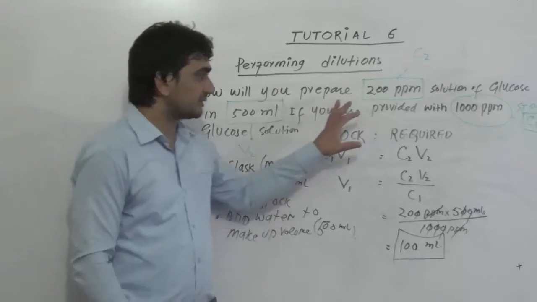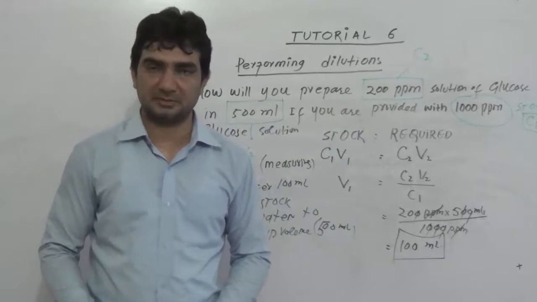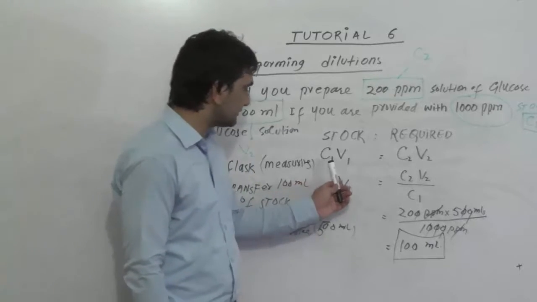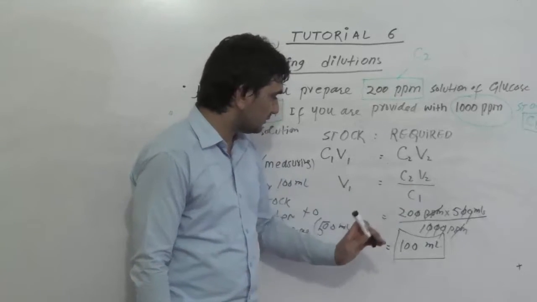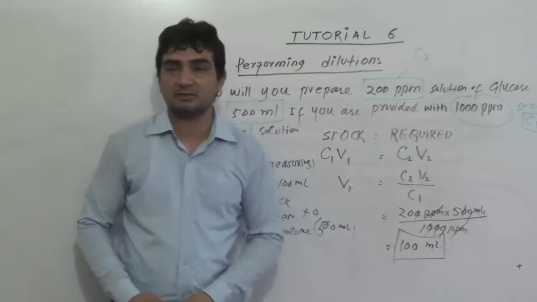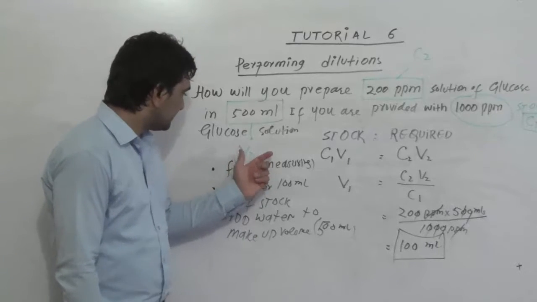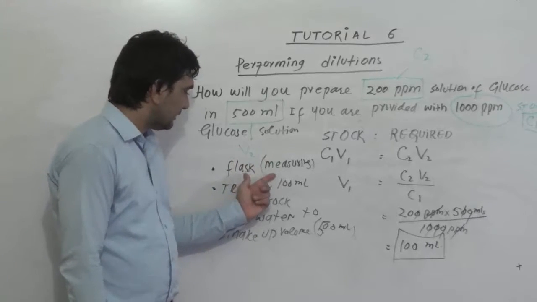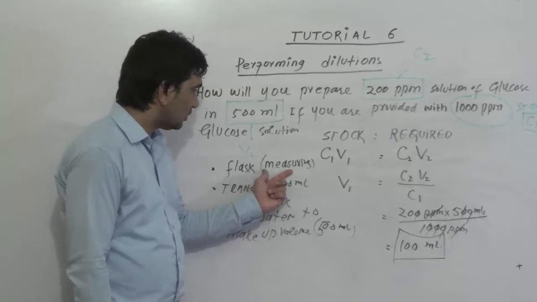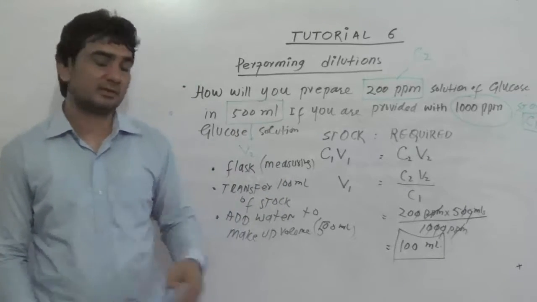Two steps. First of all, we need to calculate how much volume of the stock solution is required to prepare this solution. We have calculated using this formula, C1V1 equals C2V2, and putting all these values here, we are getting 100 ml of the stock solution. And then how to make this solution? You will prepare this solution by taking a measuring flask of 500 ml, because our final volume is 500 ml.